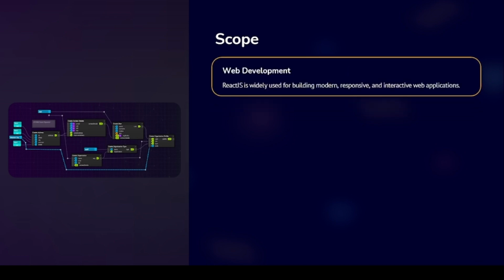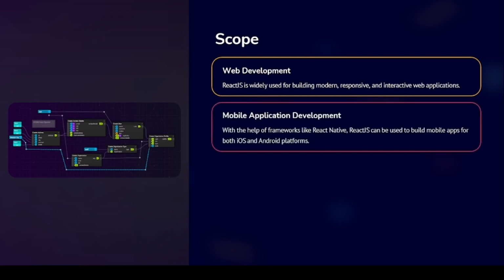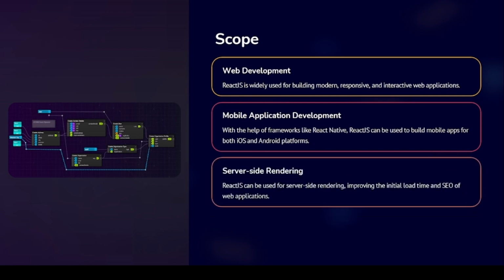So first is web development, because it can be used for building modern, responsive and interactive web applications. For mobile application development, we have React Native because it can be used to build mobile apps for both iOS and Android platforms. We have server-side rendering.